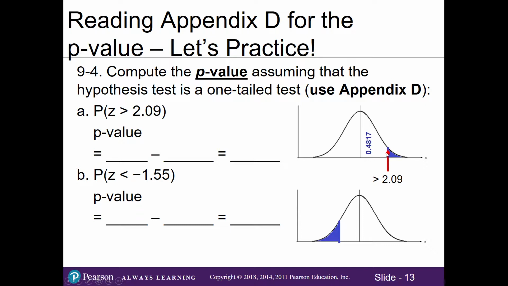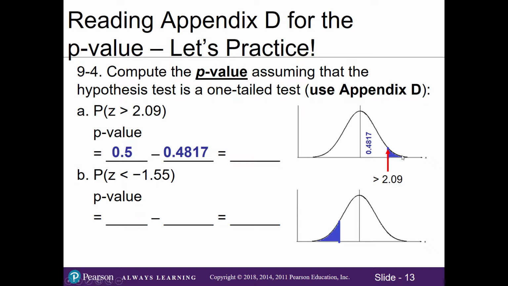I don't want to know this area right here. I want to know what's in the shaded area. So in order to find this, because I know half my curve is worth 0.5, I'm going to subtract what I know from Appendix D from 0.5 to get my shaded area right here.